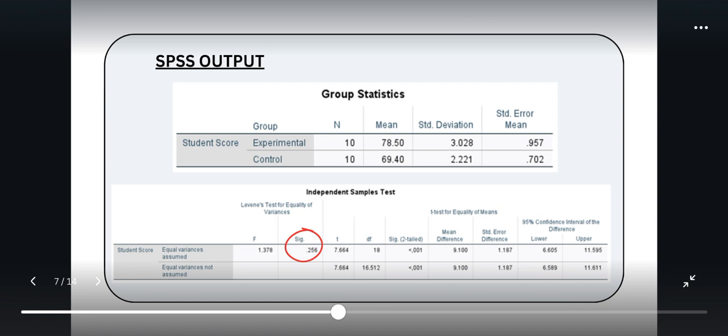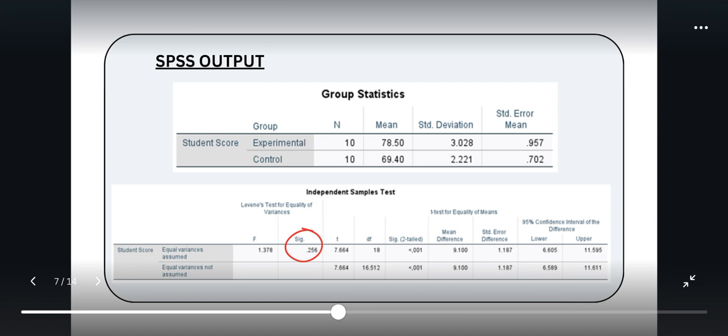Because 0.256 is greater than 0.05, the null hypothesis of Levene's test is not rejected. This means that the variances of the two groups are equal. So the analysis uses the equal variances assumed row. Based on the equal variances assumed row, the results are as follows.